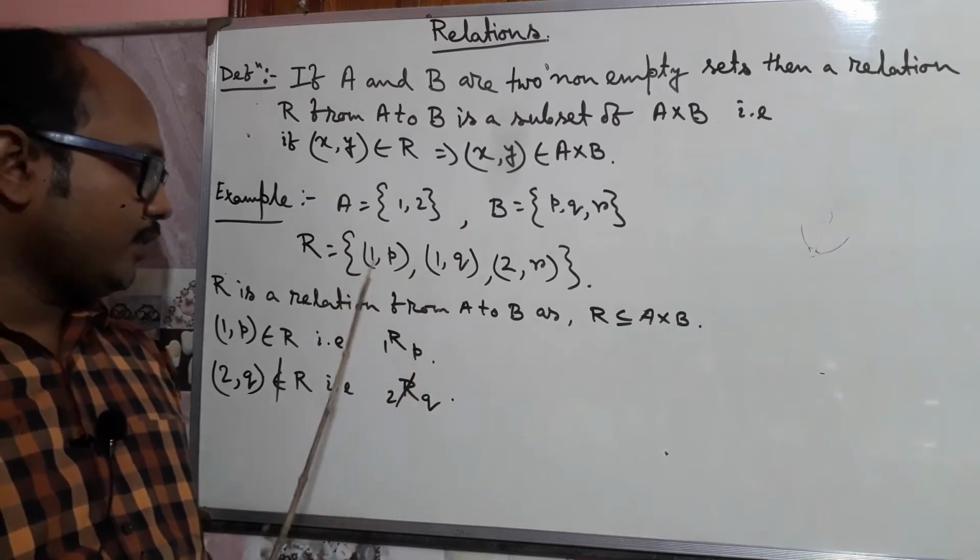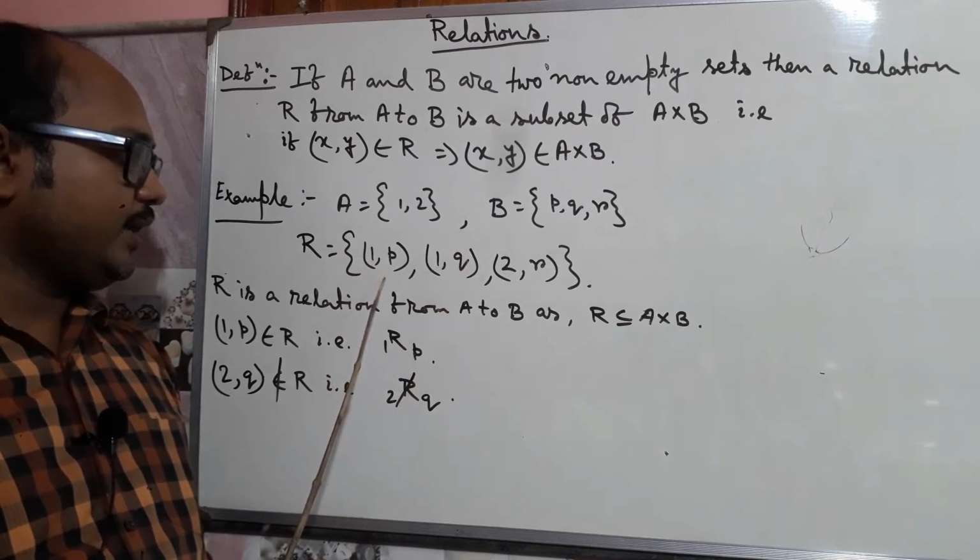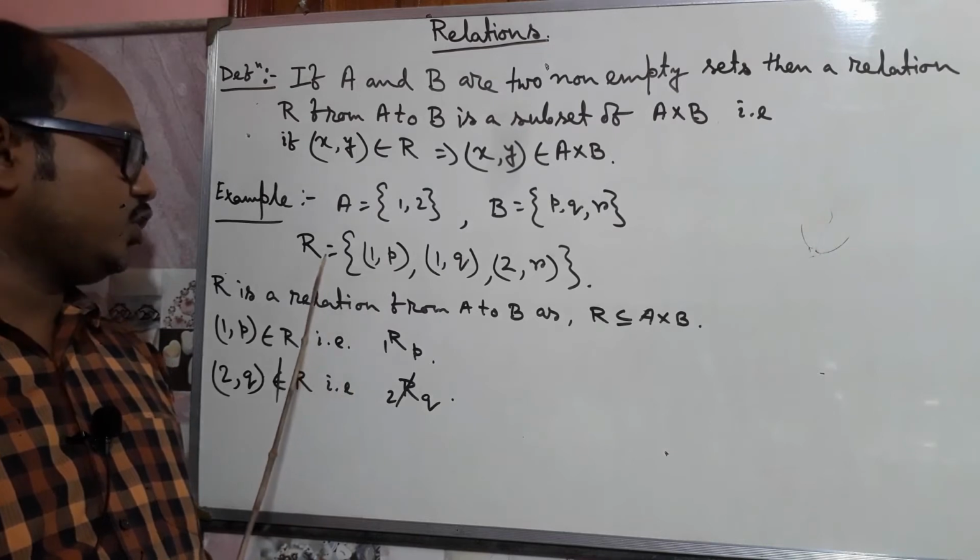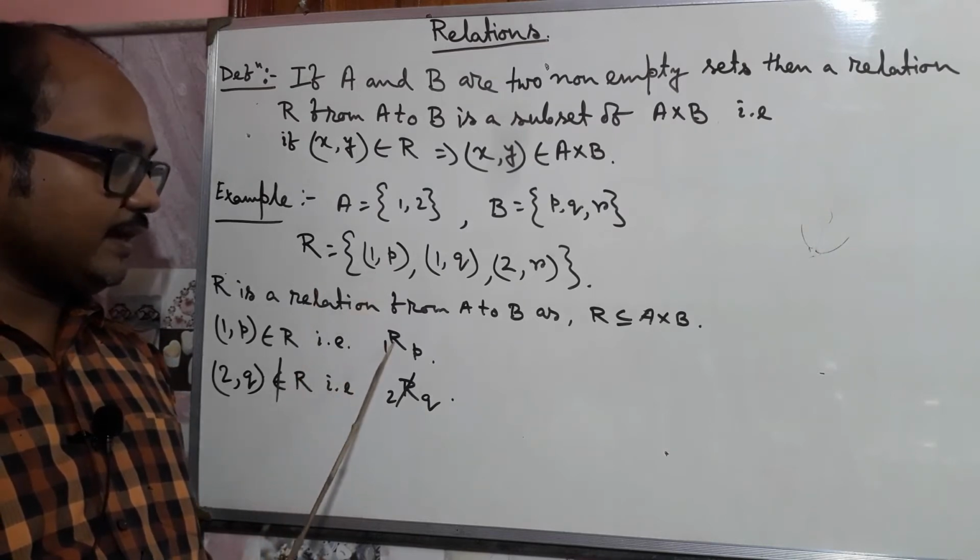You see, the element (1,P) is in R, so it can be written as 1RP.